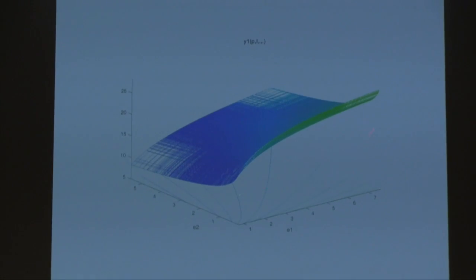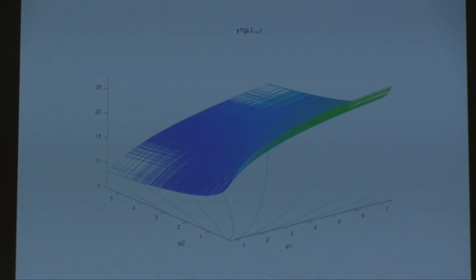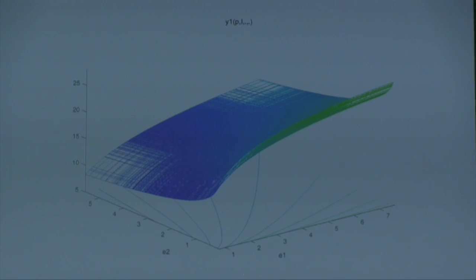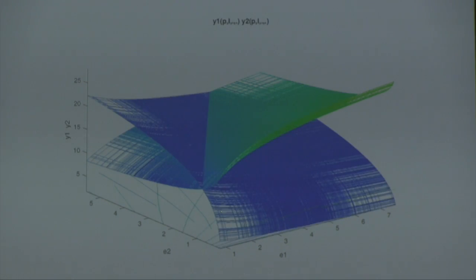So if we solve the equation, an individual that has particular tastes for food and particular taste for services is going to have this food quantity. If we put the demand for services, that's going to be the other equation. And so for particular values for E1 and E2, we're going to have different values of Y1 and Y2.